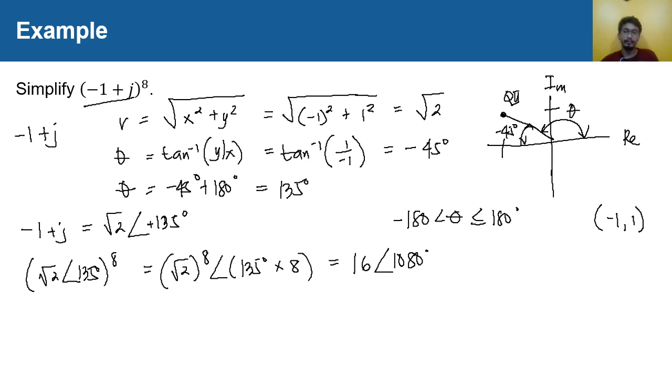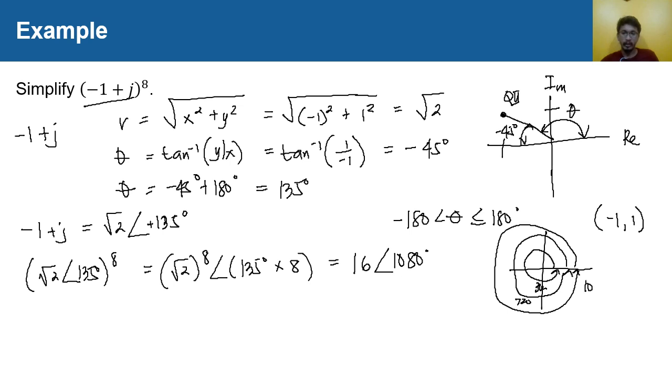So from this diagram, we have the first rotation, 360 degrees, and then another, that is 720, and then another will lead us now to 1080 degrees.